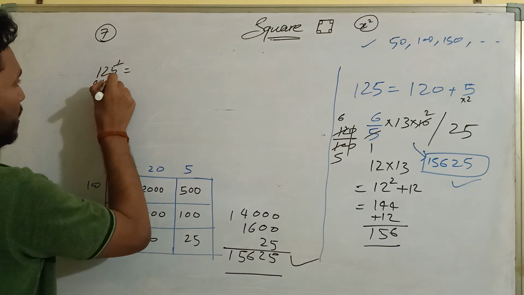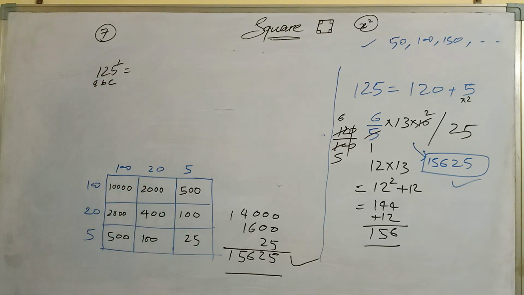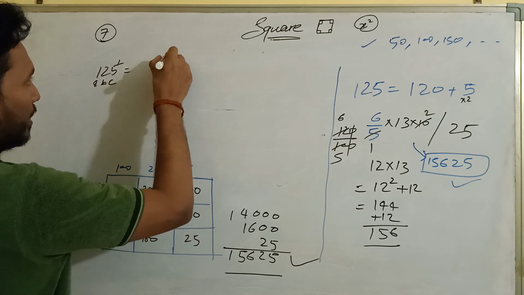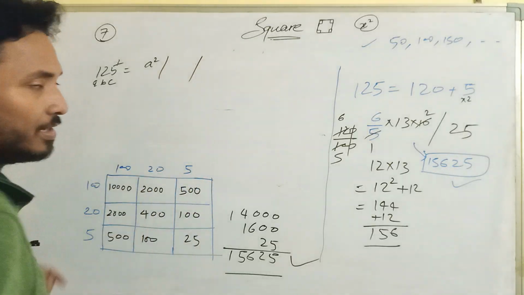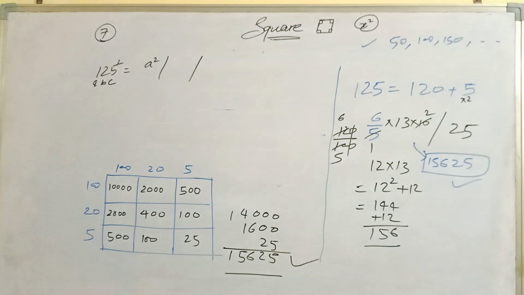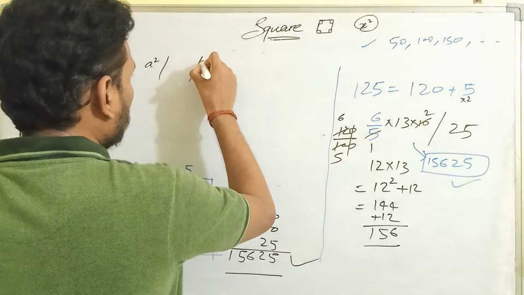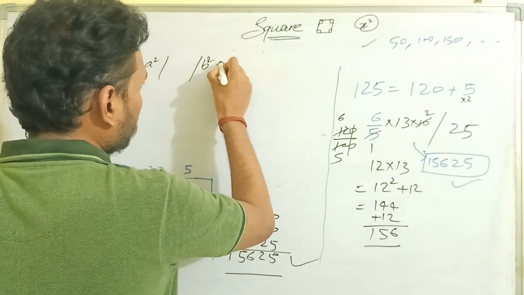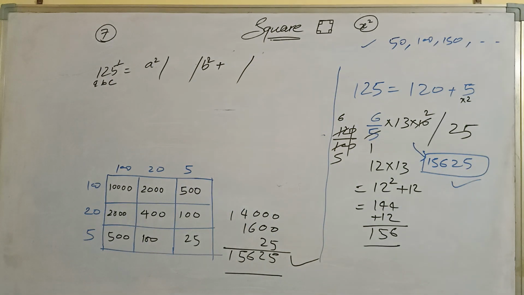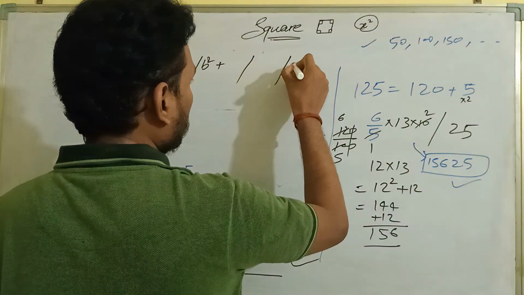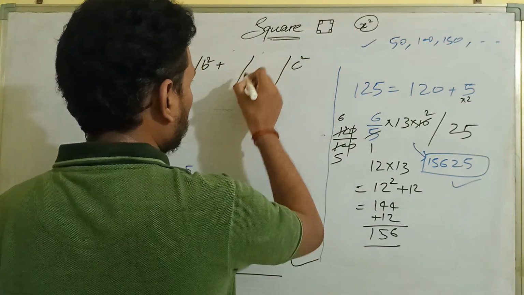Here is A, B, C. There are 3 numbers, A, B, C. First, we should write A square. Then here a gap. Then we should write B square. Then here a gap. We should write C square.